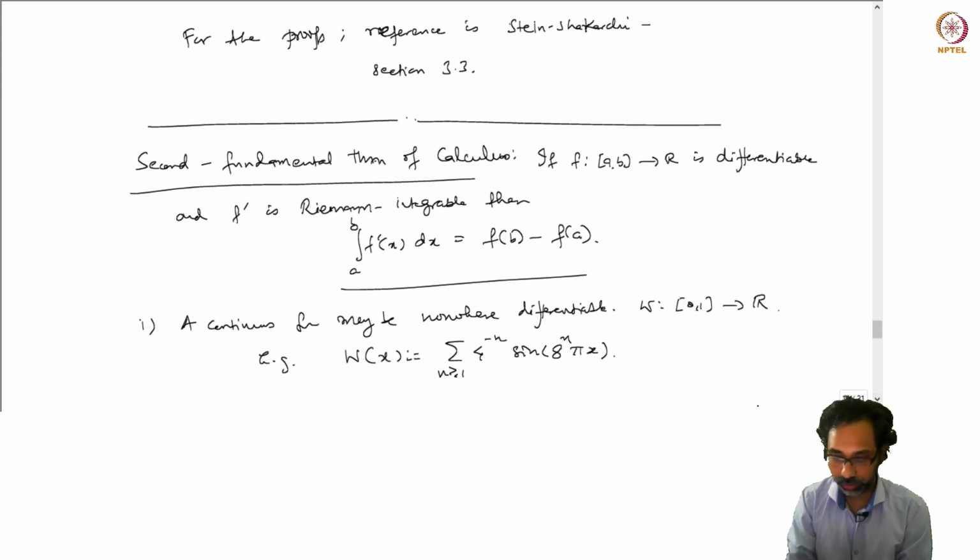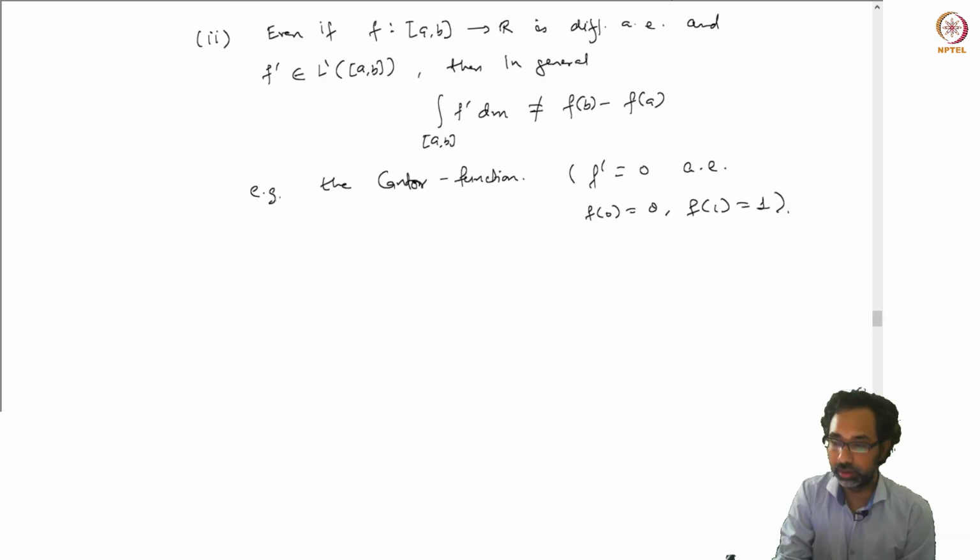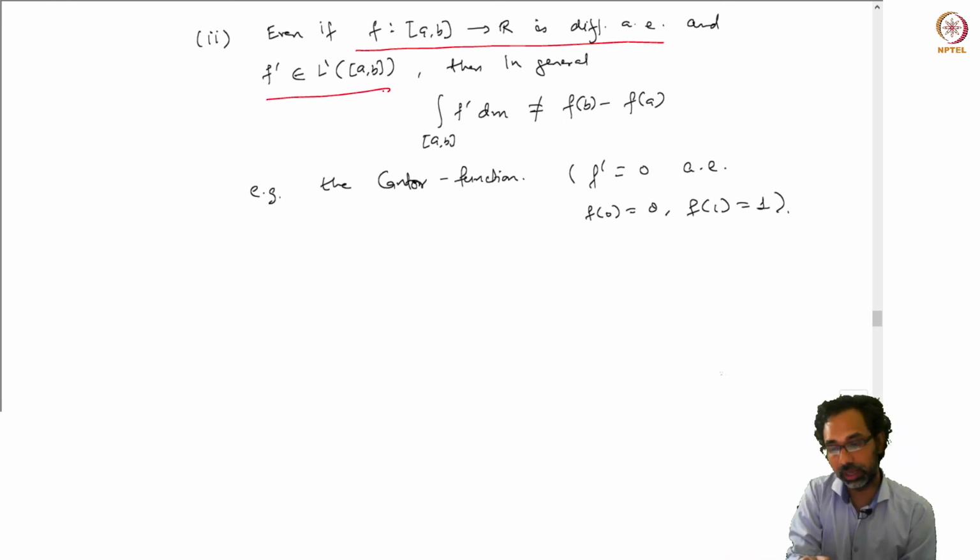On the other hand, there are continuous functions which might be differentiable almost everywhere, but for which these kinds of equations do not hold if we replace the Riemann integral by the Lebesgue integral. So even if we have an almost everywhere differentiable function f, for which the derivative is in L1, even in that case it's not true that the Lebesgue integral of f prime gives you f(b) minus f(a).